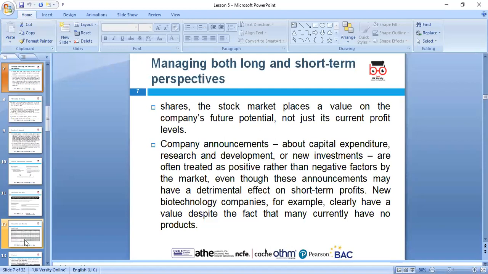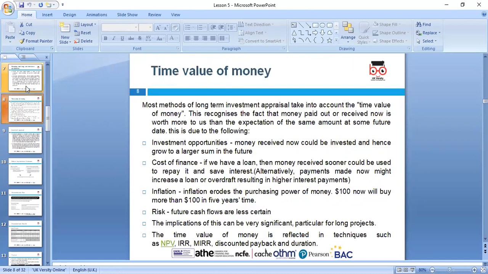Biotechnological companies, for example, clearly have a value despite the fact many currently have no product.